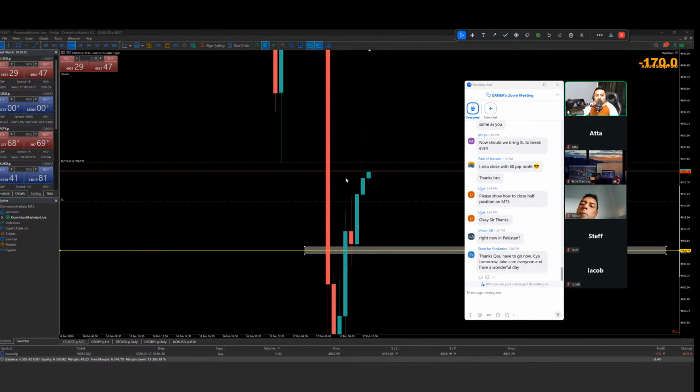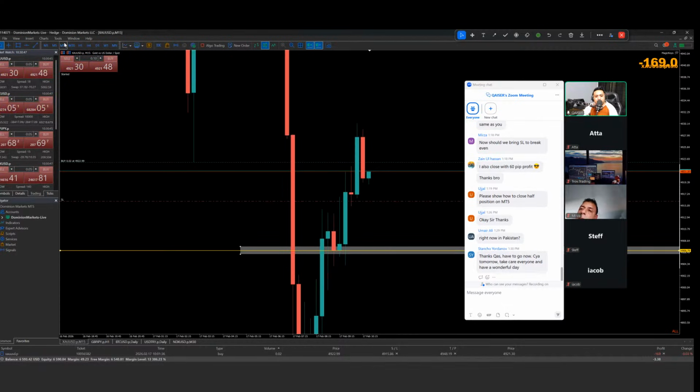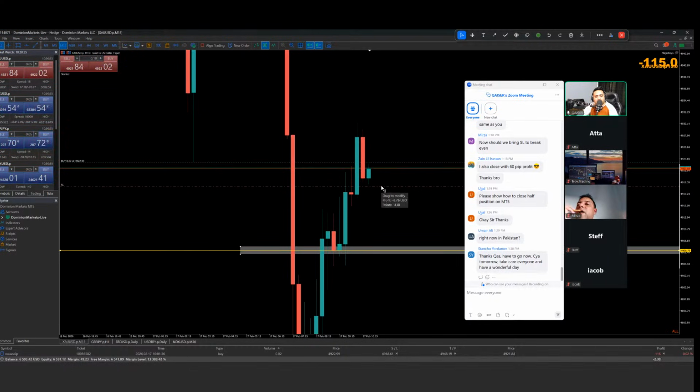Okay, so yeah, you know what? I'm bringing my stop loss below this current candle low. That's it.